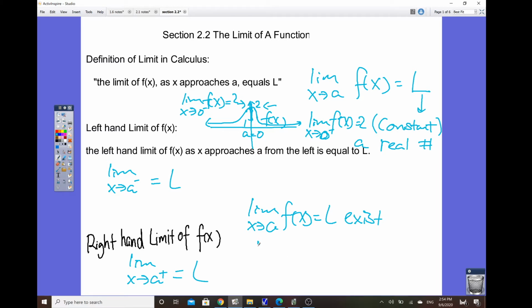What we need to show is that the limit as x goes to a from the left must be the same as the limit as x approaches a from the right hand side. What happens if those two side limits are not equal? If the left limit and the right hand limit are not equal, that means the limit at a does not exist. So in order to have a limit at x equals a exist, the limit from both sides must be exactly the same.